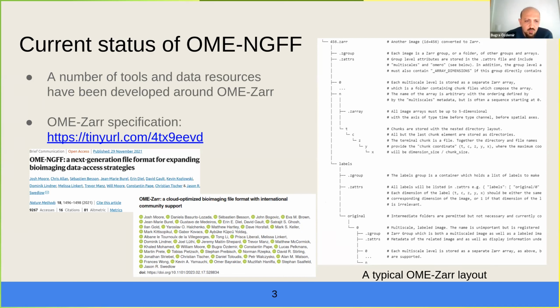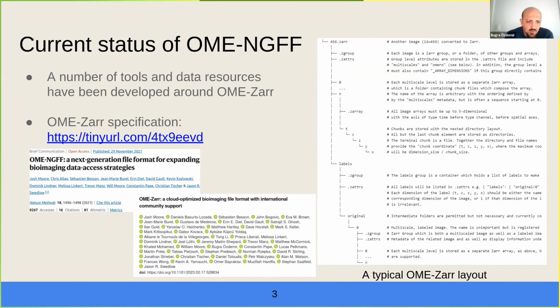If you want to learn more about the specifications, you can visit this tiny URL, which will lead you to the specifications web page, which is constantly getting updated. Nowadays, different data types, such as annotations and polygons, are also being integrated with the OME-Zarr specifications.